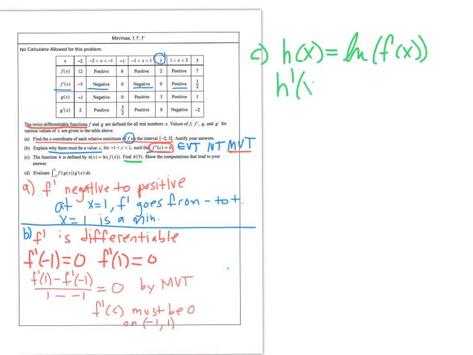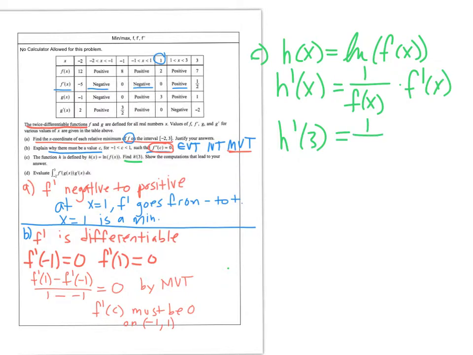So h prime of x would be the derivative of ln of stuff, which is 1 over that stuff, multiplied by the derivative of that stuff. So h prime of 3 would be 1 over f of 3 times f prime of 3.